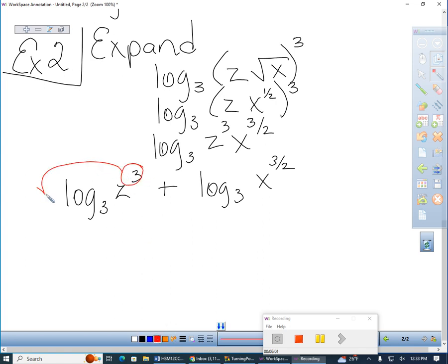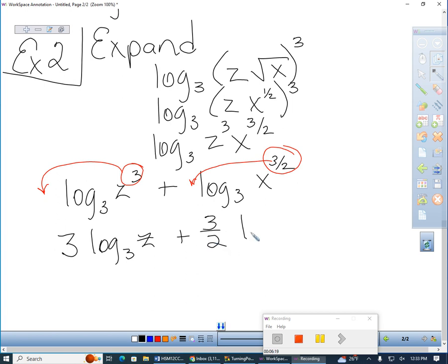If the 3 was there, I would agree with you, but it's not. It's the exponent. And this right here is going to become our coefficient. So our final step would be 3 log base 3 of z plus 3/2 log base 3 of x.